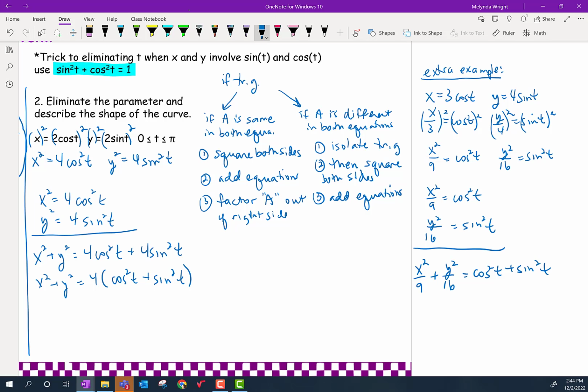And we're literally almost at the exact same place in both of these scenarios. So what do we know about cosine squared plus sine squared? It's 1, right? It's 1. So the last thing that we do, step 4, is we use Pythag.